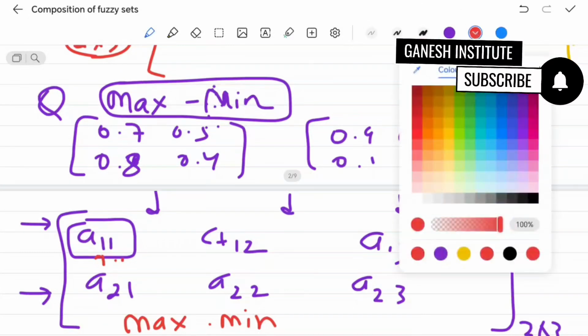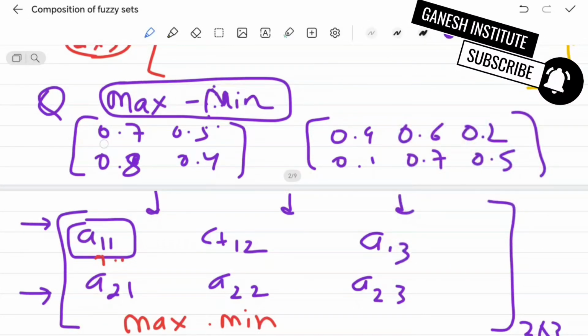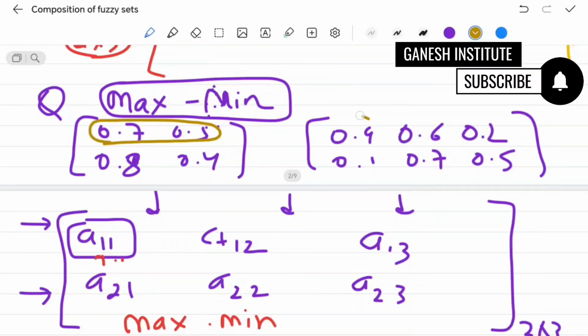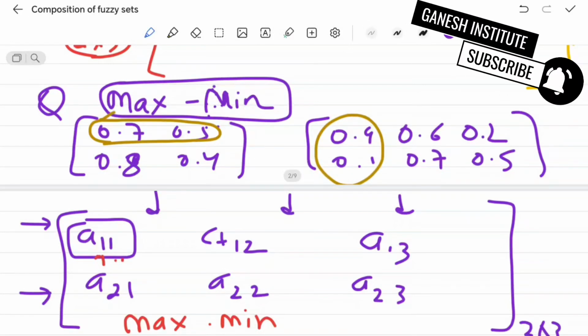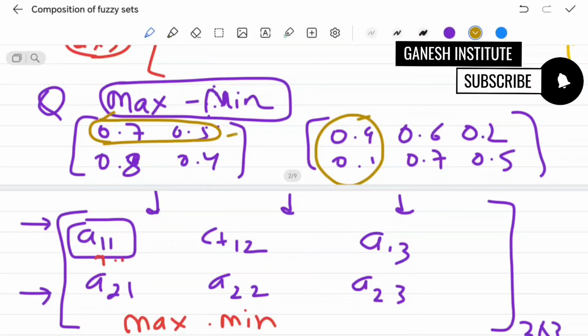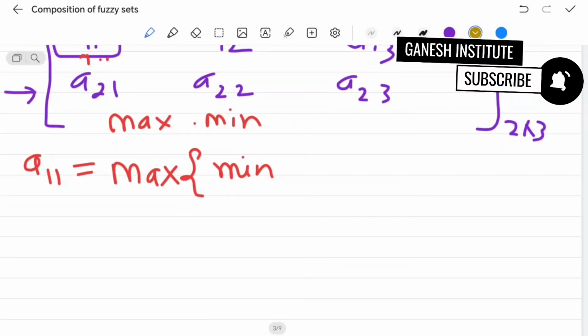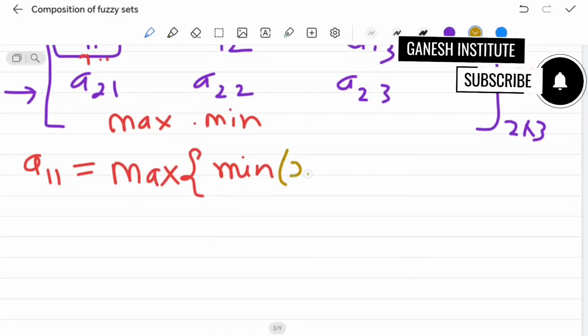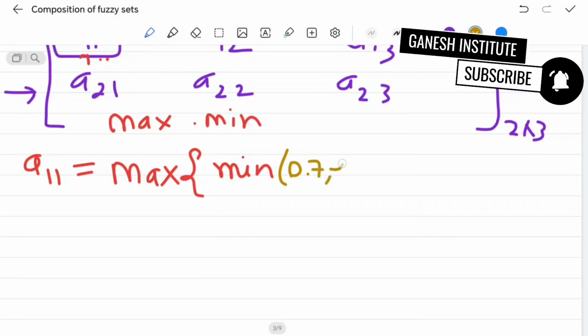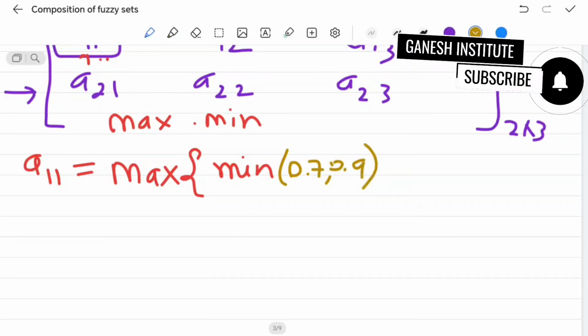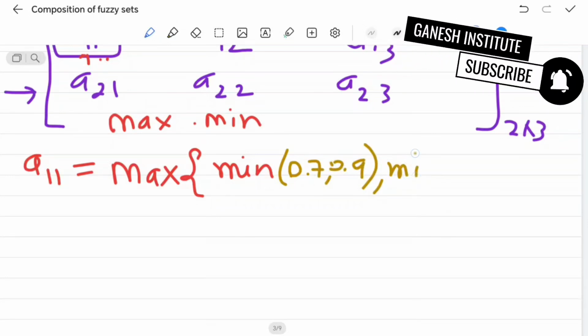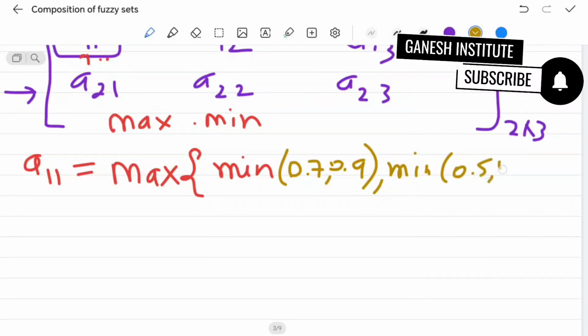You can see this is the first row and this is the first column. So 0.7 and 0.9, 0.5 and 0.1, right? So I'll write max of min of 0.7, 0.9, and the second pair is min of 0.5, 0.1.